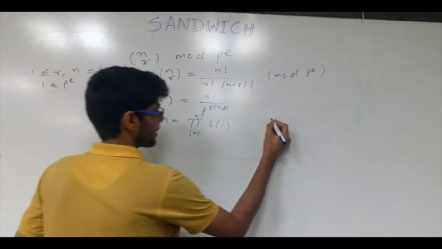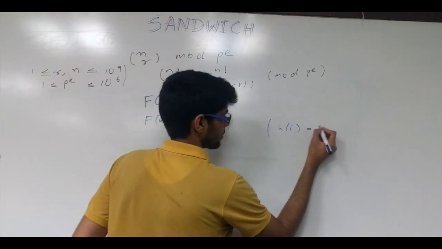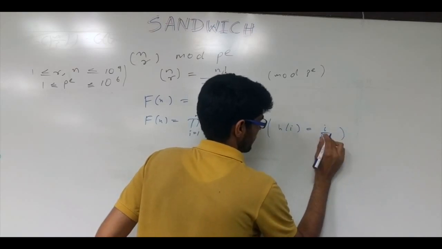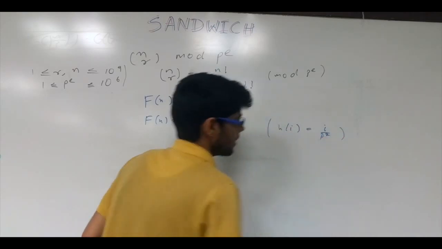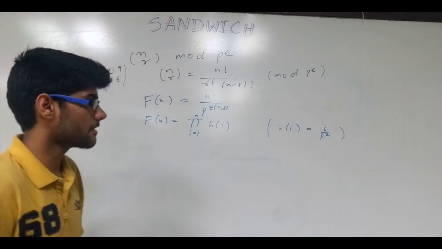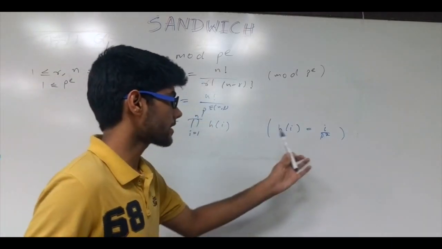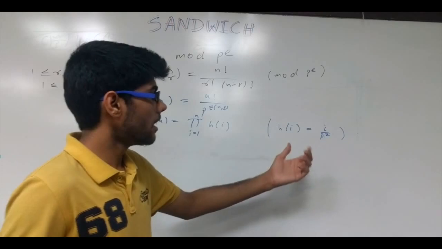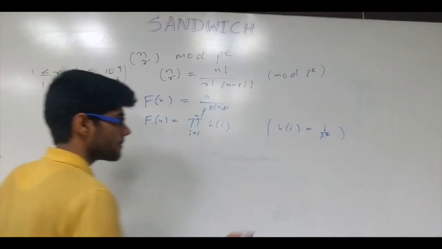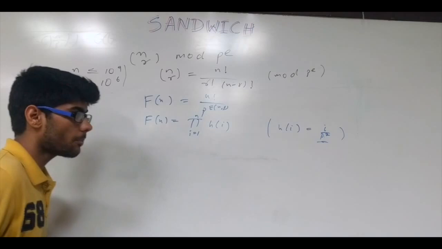Remember that h of I is equal to I divided by p to the power q, where q is the maximum power of p which divides I. So in some sense we are extracting prime p from I, removing it so that the remaining part is co-prime to p.